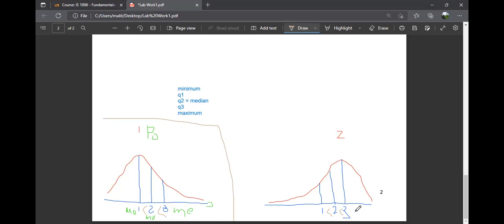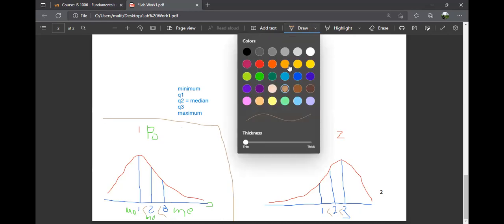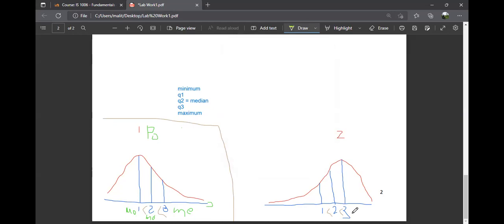Let's define these three values. Here 3 is the mode, which I'll write as MO.